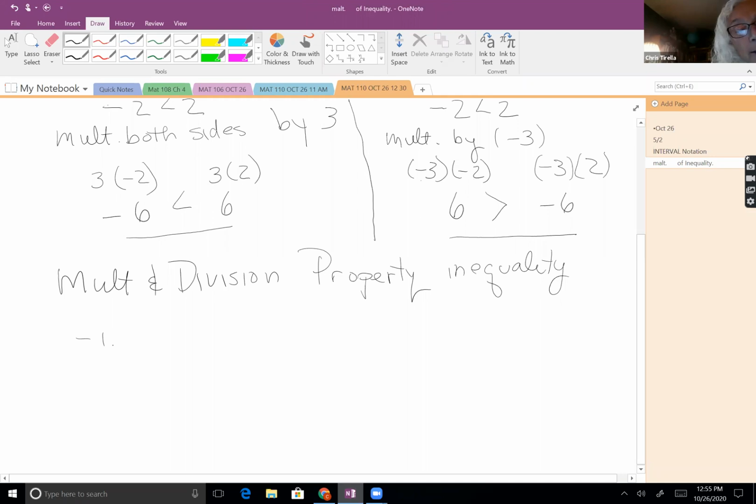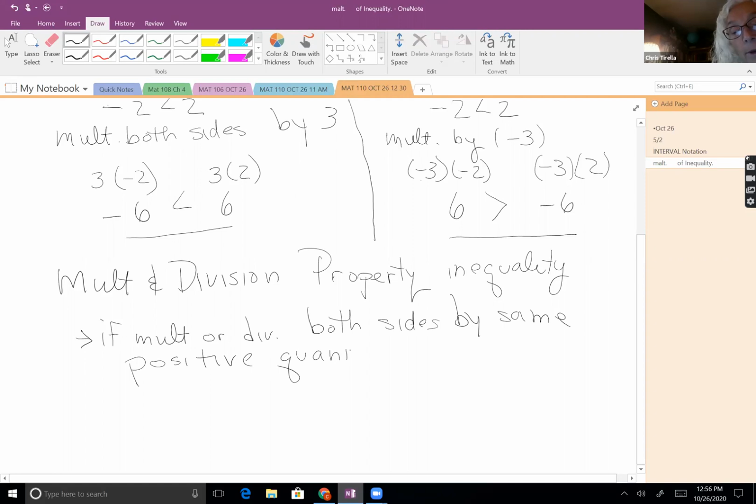First part says, if I multiply or divide both sides by the same positive quantity, the direction stays the same.